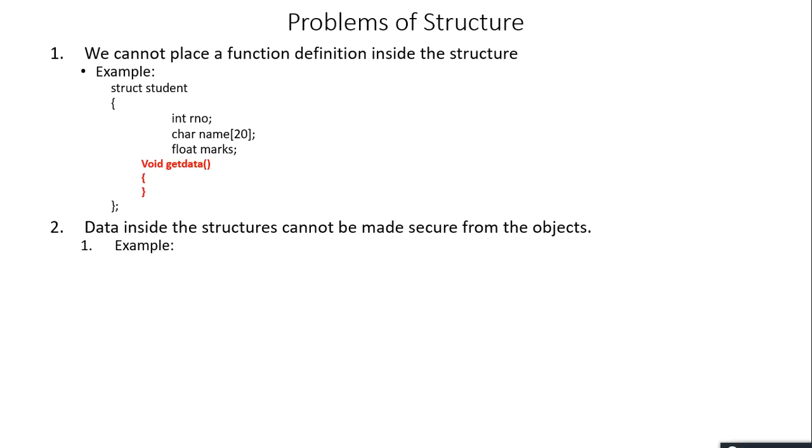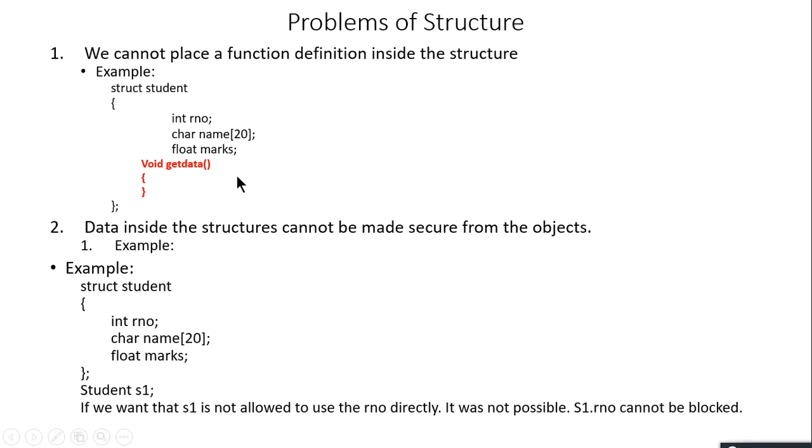Now the second problem was regarding the security of the data inside the structures. Let's say your structure is containing sensitive data, for example a student's contact number or account details of a person. If you create the object of this structure inside the main function, for example student s1, now this s1 has access to all the variables of the structure.